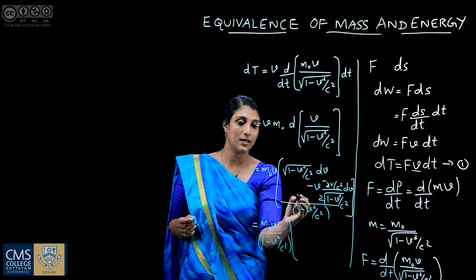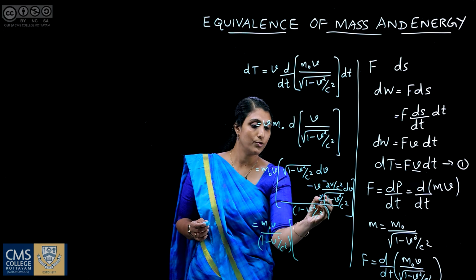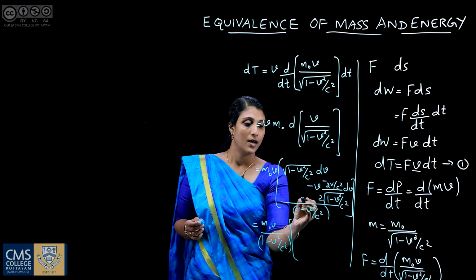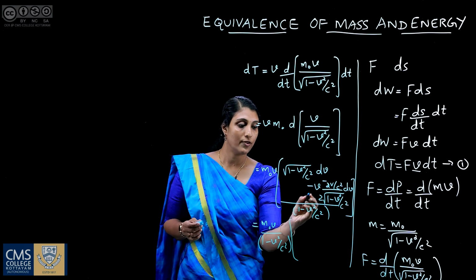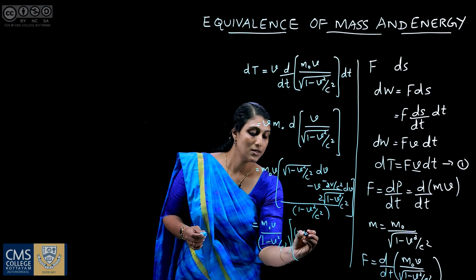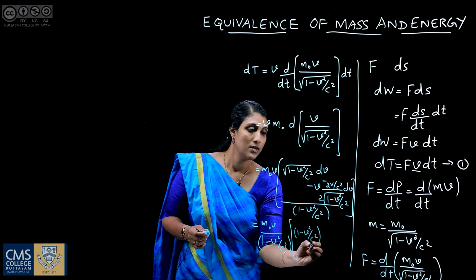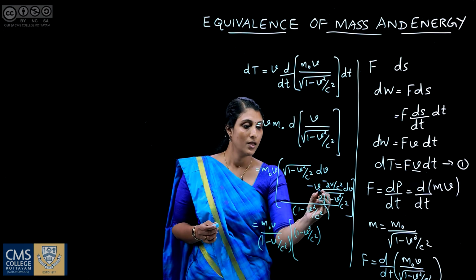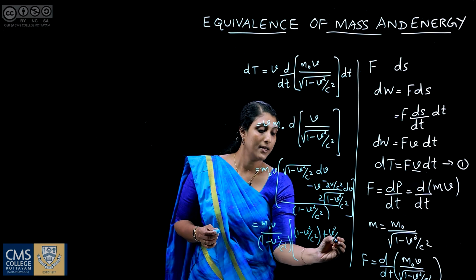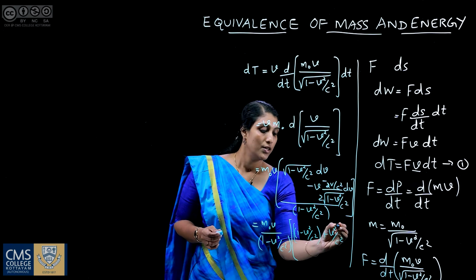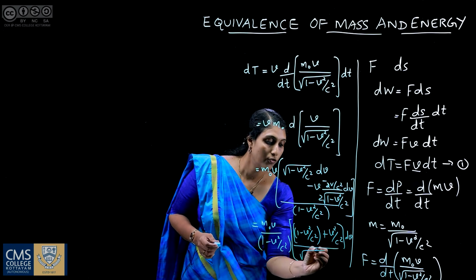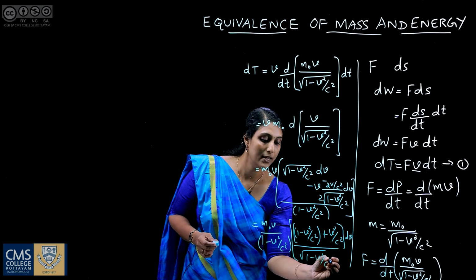So, we have m0 v divided by 1 minus v square by c square into, on solving the numerator part, the 2 and 2 get cancelled and minus and minus become plus. On taking LCM with the root of 1 minus v square by c square, this becomes 1 minus v square by c square, and this term v into v, that is plus v square by c square, into dv divided by root of 1 minus v square by c square.